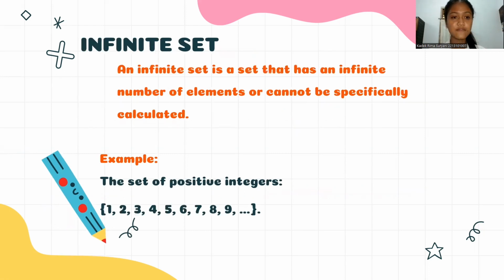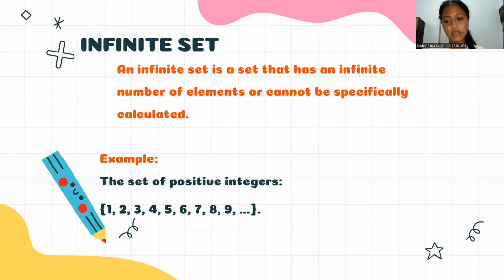For the next is infinite sets. An infinite set is a set that has unlimited numbers of elements or cannot be counted. In an infinite set, the elements of the set have no defined borders and cannot be completely numbered or described.